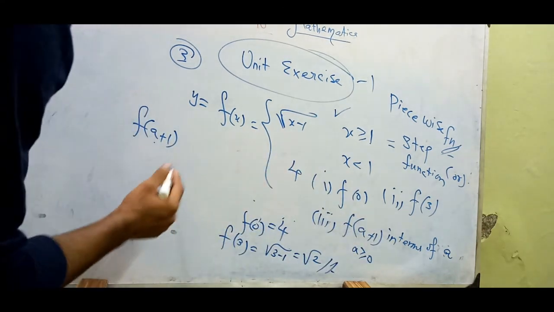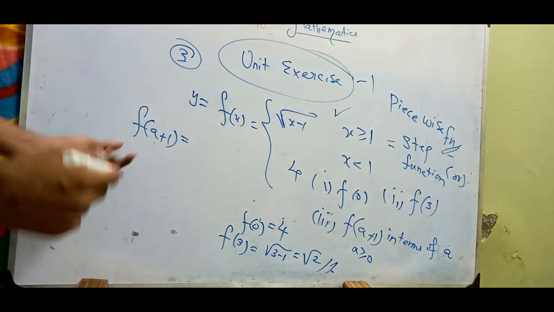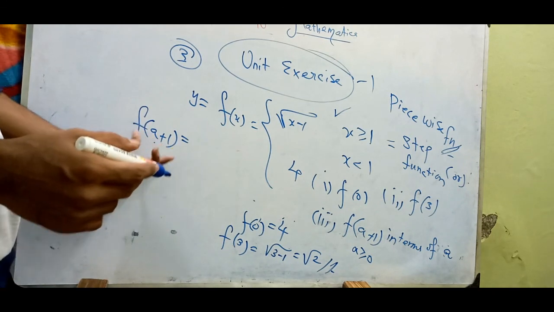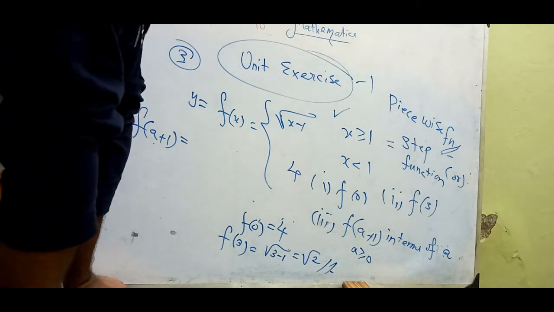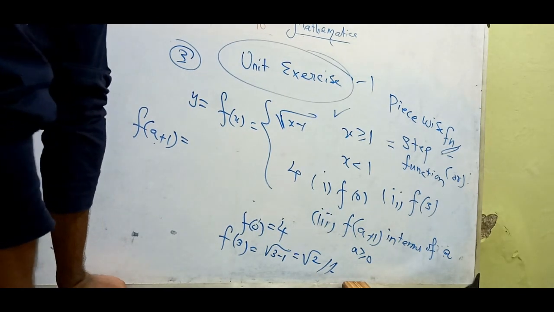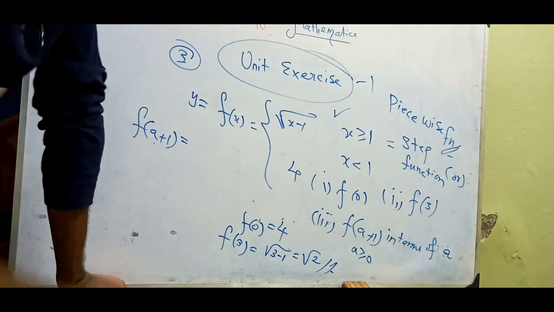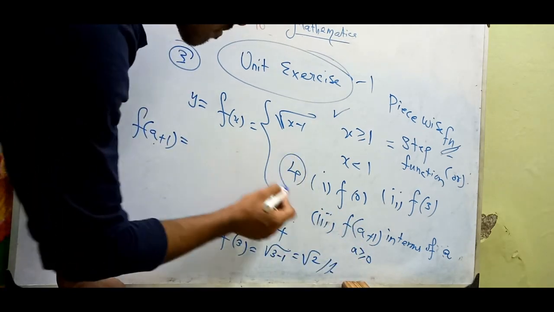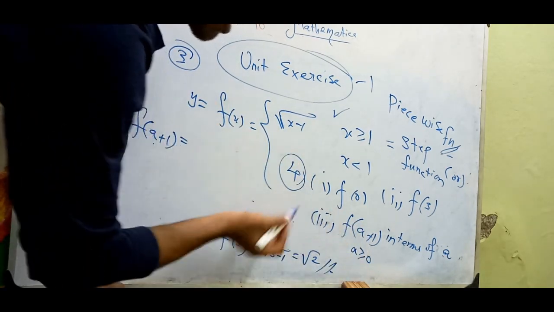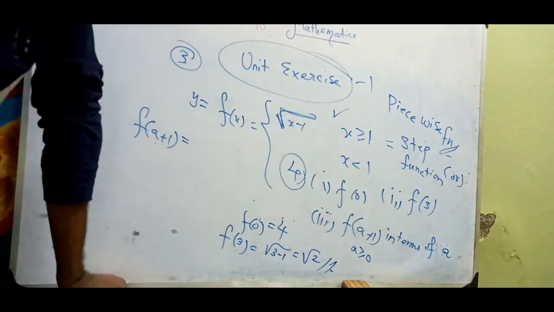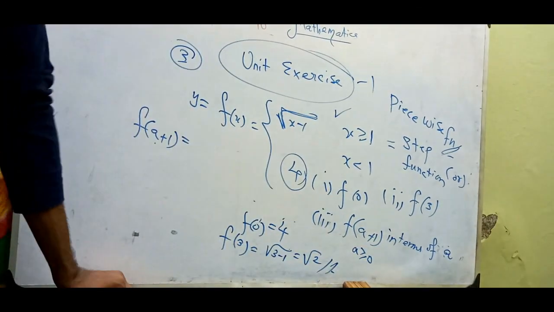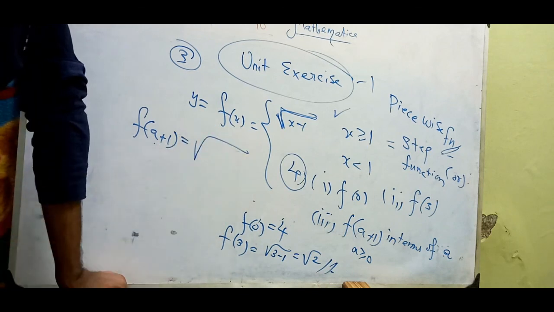So f of a plus 1, where a is non-negative, it will be 0, 1, 2, 3 and 4 and so on. If it is equal to 0, it comes to 4. If it is 1, it is going to be the square root function. Mostly for values greater than or equal to 0, we will take the square root function itself.